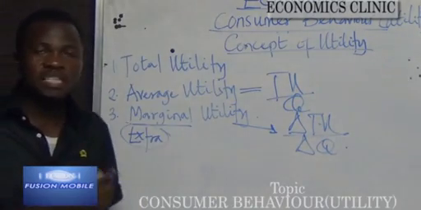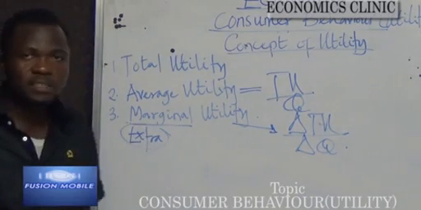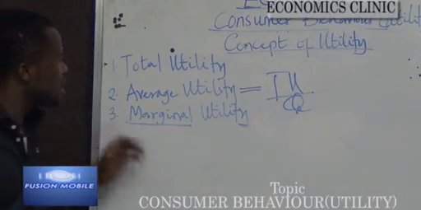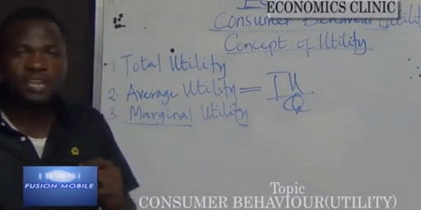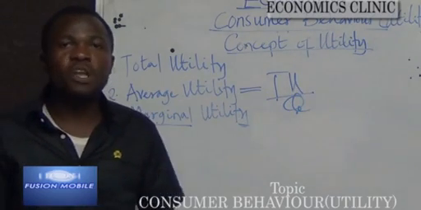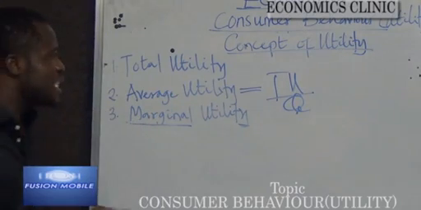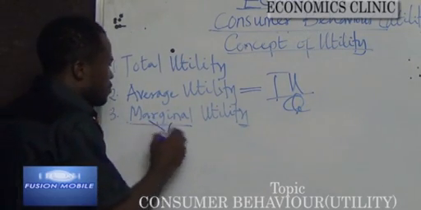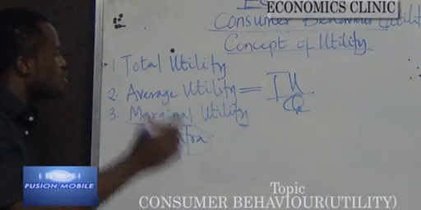Now we can solve mathematics to understand this. Marginal utility is the addition to total utility resulting from the consumption of extra units of output. The word marginal means extra. So it talks about the extra unit of output.